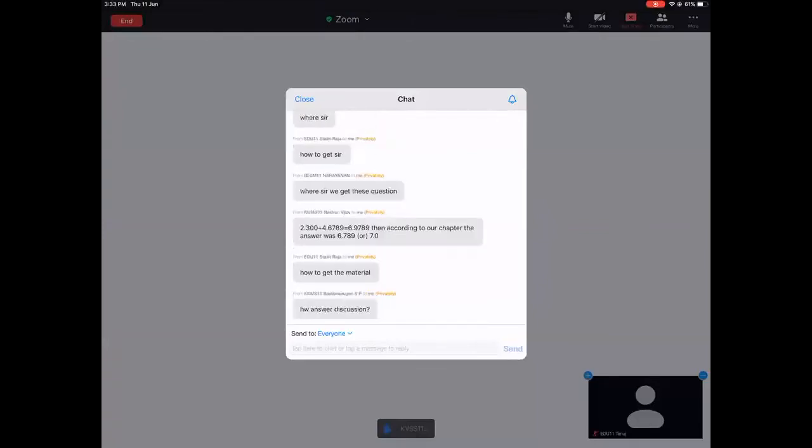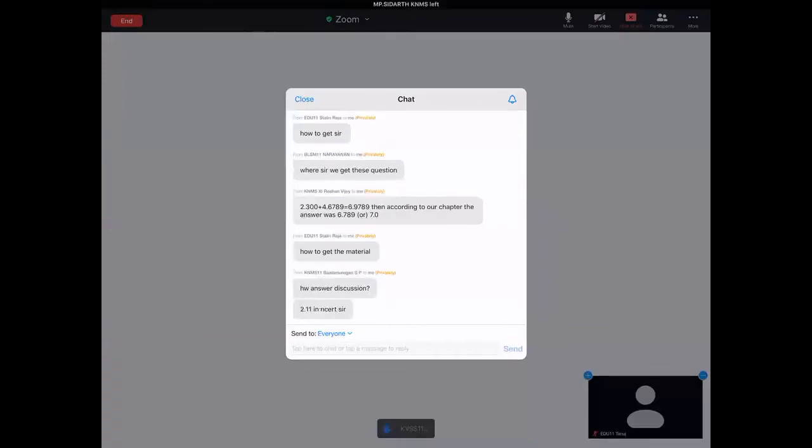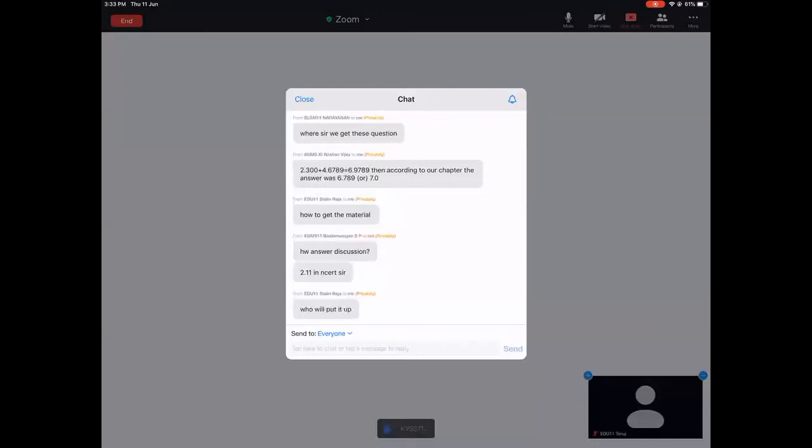They would have put one PDF, homework answer discussion. What was the homework question? How to get the material? We will put it up and send it to you. Let me see how they will send. It is 2.11 in NCERT. Who will put it up? My system administrator will put it up.